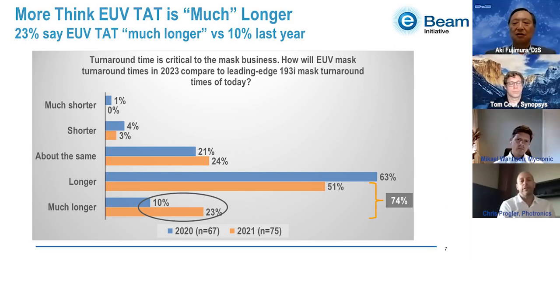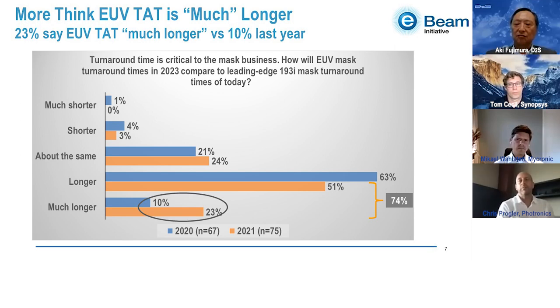EUV, to really deliver on its promise, which is cycle time, generally it's a simplicity, performance, cycle time cell, right? Technology. That's why it replaced quadruple patterning. These numbers have to get better, I think, for EUV to reach its full entitlement. But there are a lot of pieces in the flow that take longer. For example, blank inspection and mask inspection.